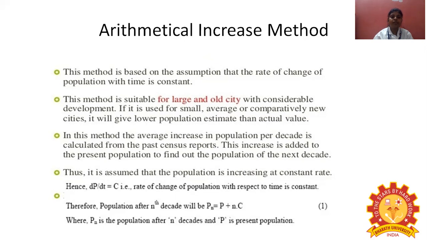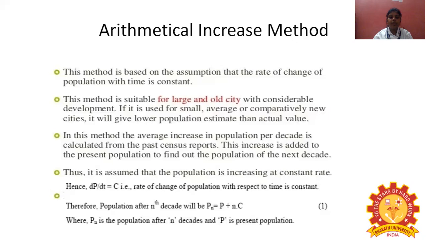In this method, the average increase in population per decade is calculated from the past census reports. This increase is added to the present population to find out the population of the next decade. Thus, it is assumed that the population is increasing at a constant rate.